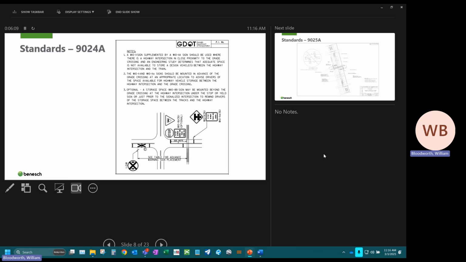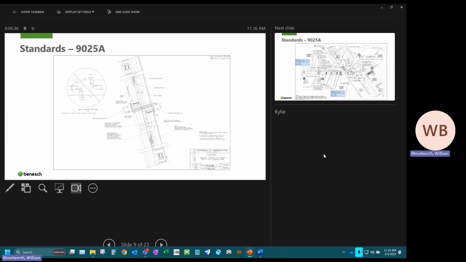These are commonly placed when there is like a stop control shortly after the crossing, where it's potential for vehicles to kind of queue up on the tracks and lead to dangerous situations. In situations like these, we also tend to use R8-8s, which are the do not stop on track signs, just another measure to kind of keep drivers from queuing up on the tracks.